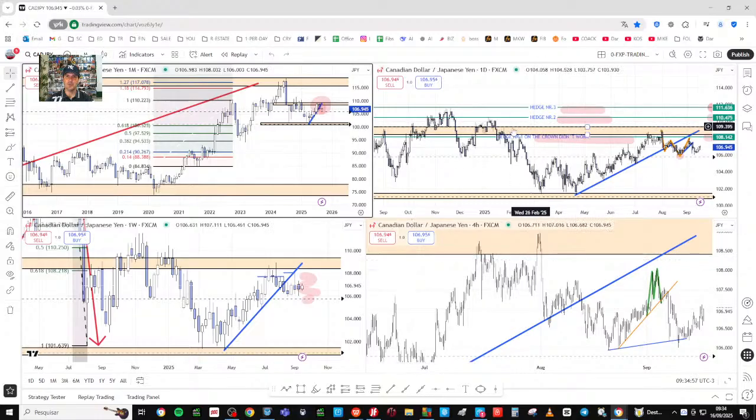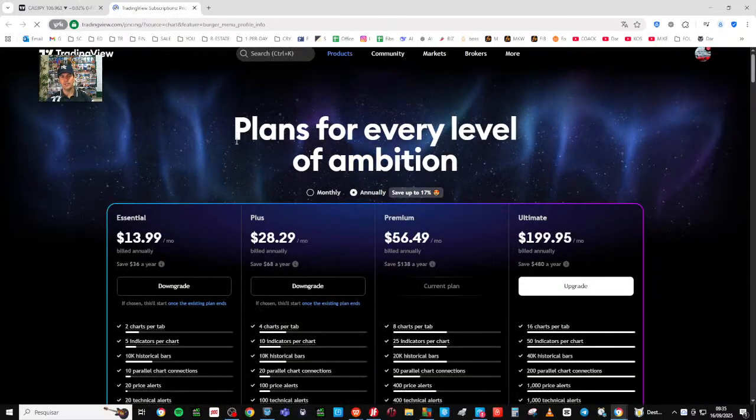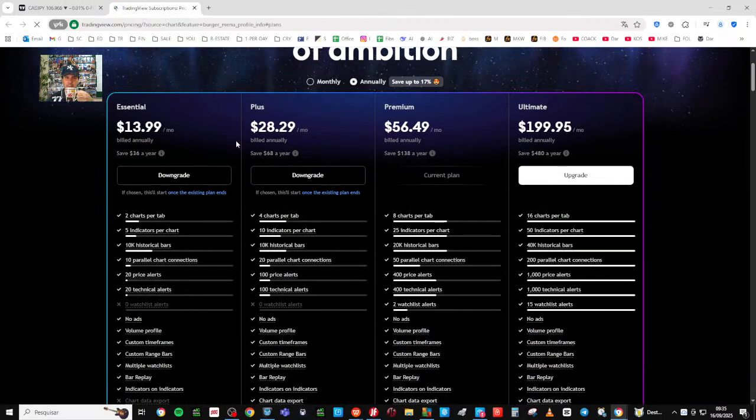But TradingView has a cost. You go to TradingView, then to your pro plans, and here you have the premium plan.